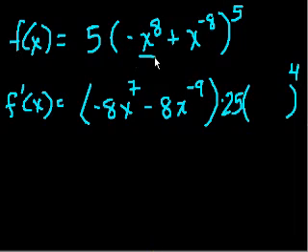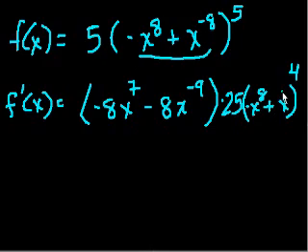And that something is just going to be this expression, minus x to the 8th plus x to the minus 8. And we're done. You could simplify it. You could multiply this 25 out, et cetera, et cetera. Hopefully this gives you more of an intuition of what the chain rule is all about.